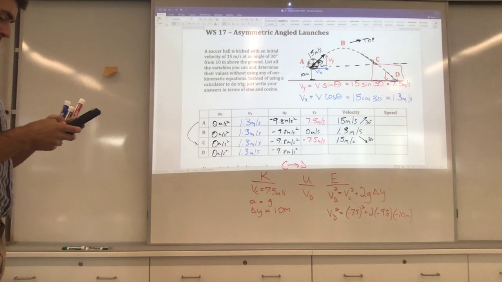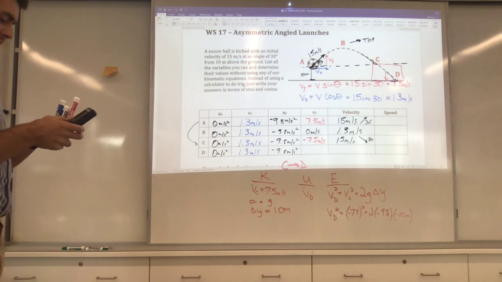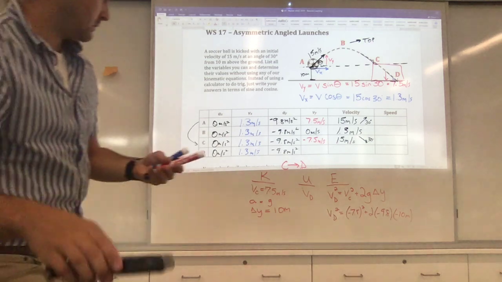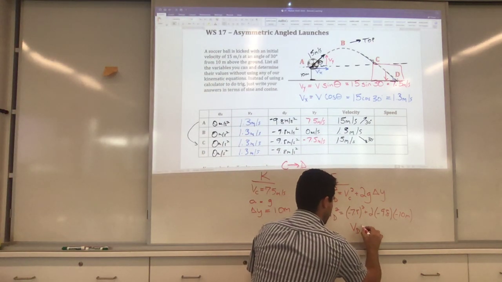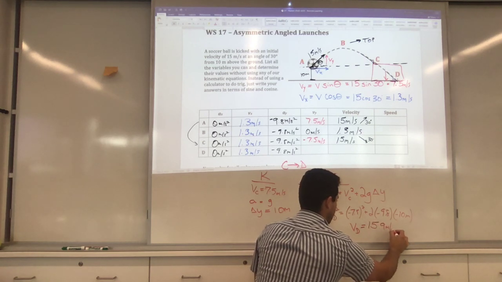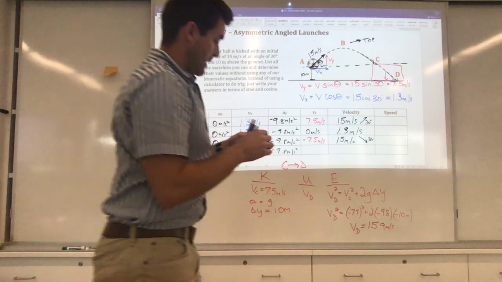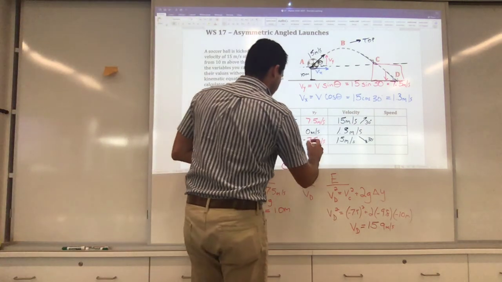I end up with my velocity being equal to 15.9 meters per second. 15.9 meters per second. I can go ahead and plug that in.